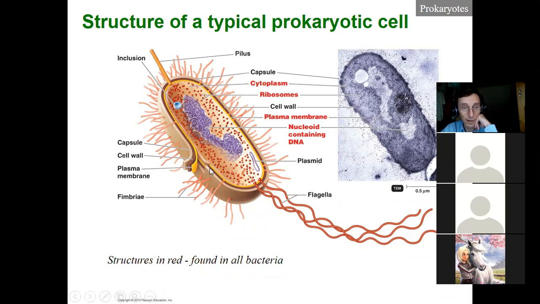That's just the artist's rendition, and you wouldn't see that on an electron microscopic image. But you can see the cell membrane, or the plasma membrane, on the electron microscopic image. And here it's right there, but as you notice, the cell membrane is right next to the cell wall, and so you cannot generally distinguish them.